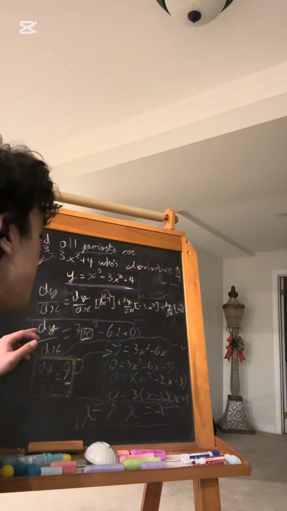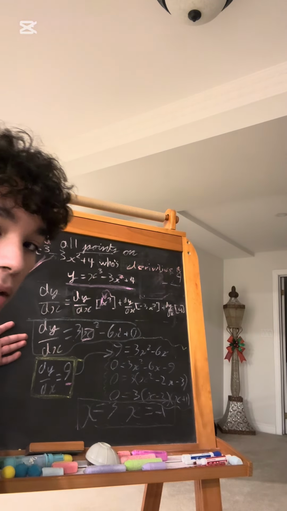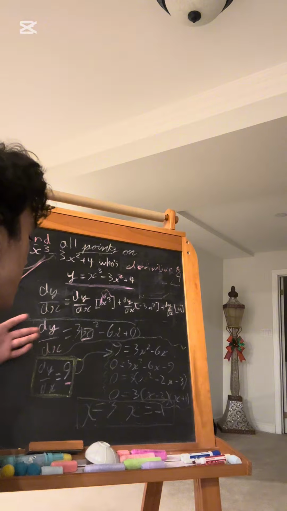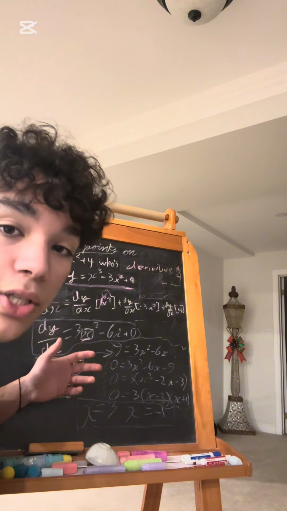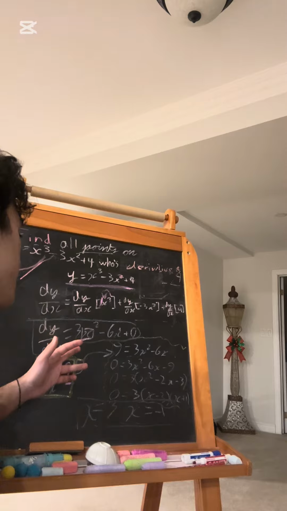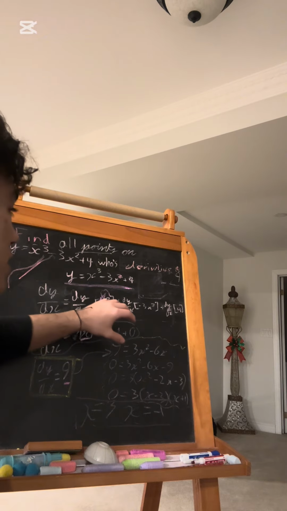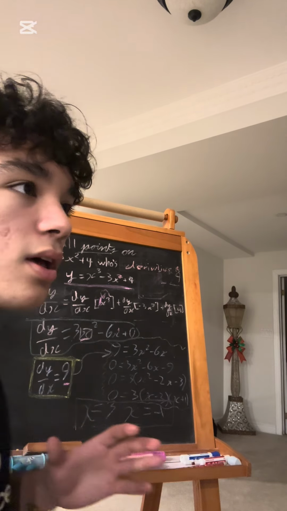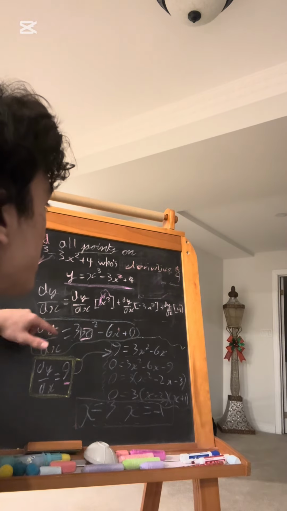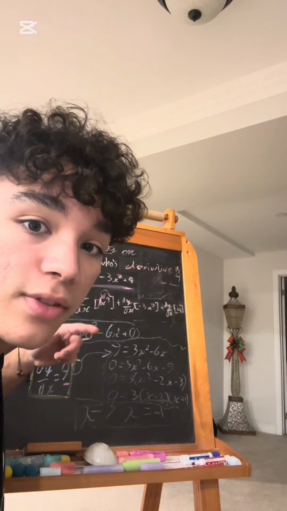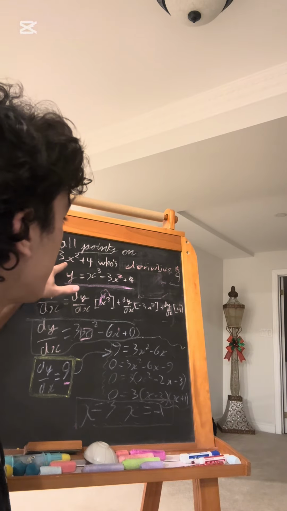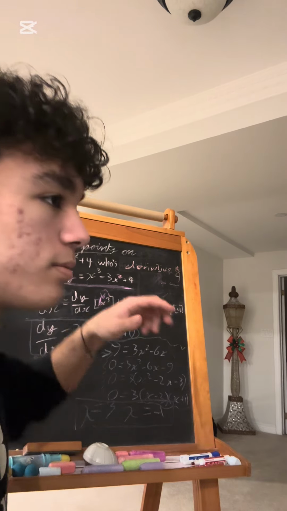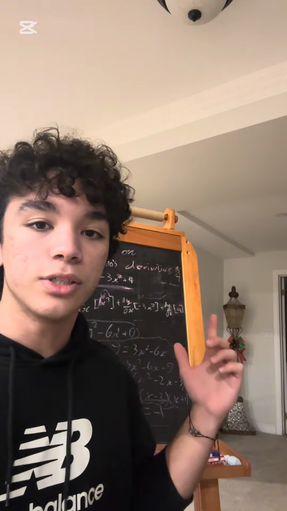Now, this gives us the equation dy over dx equals 3x squared minus 6x plus 0, but that's bulky, so we don't say it. This gives us an equation that for any x value gives us the slope of the tangent at the same x value, the same x, y combo on the normal equation.